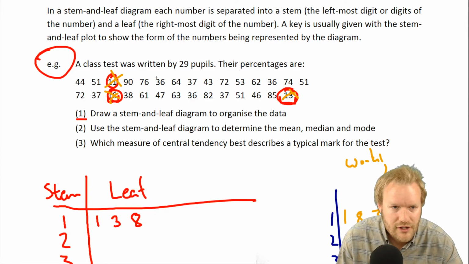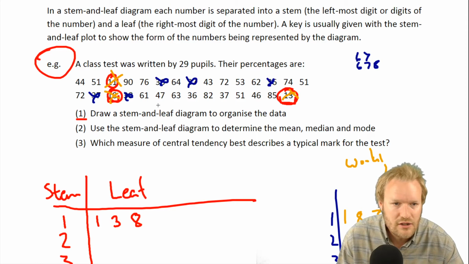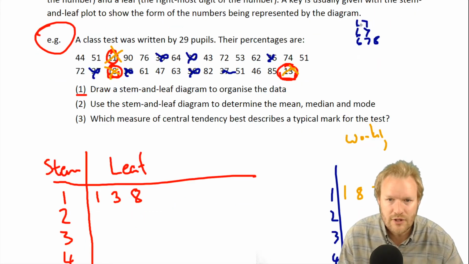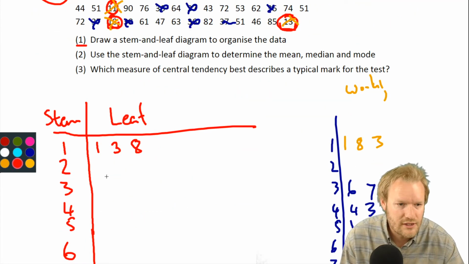We've got a 36, a 37, a 37, a 38, a 36, another 37, and that's it. So now we can go, there are three sixes, so let's put those in.